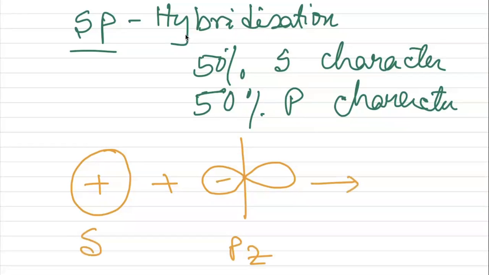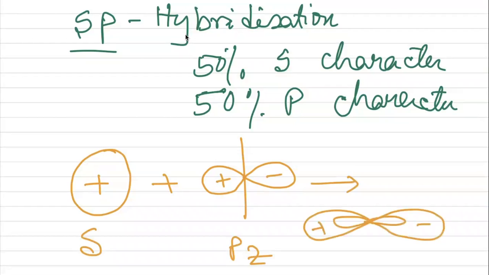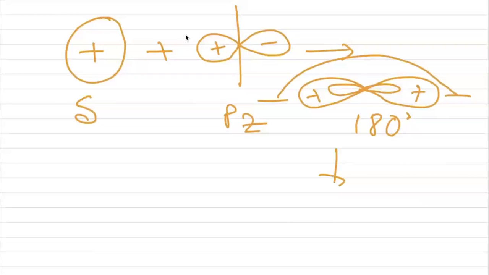When these two mix with each other, hybrid orbitals will form, and it looks like a linear structure, and the bond angle becomes 180 degrees.